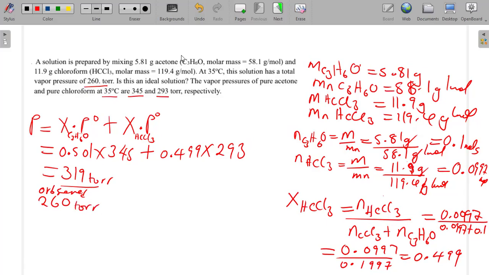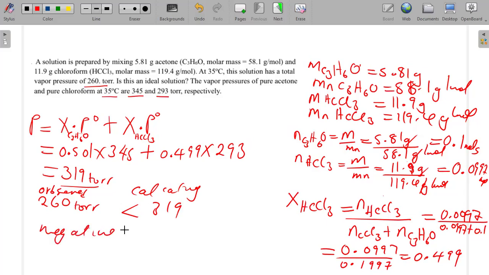And then what we are calculating from the pure components is 319. So you notice that what we are observing is lesser than what we are calculating there. If we apply Raoult's law, it means that we are getting a negative deviation.